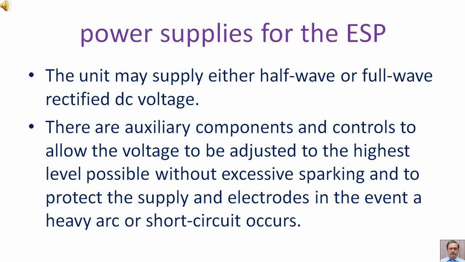The unit may supply either half-wave or full-wave rectified DC voltage. There are auxiliary components and controls to allow the voltage to be adjusted to the highest level possible without excessive sparking, and to protect the supply and electrodes in the event a heavy arc or short circuit occurs.